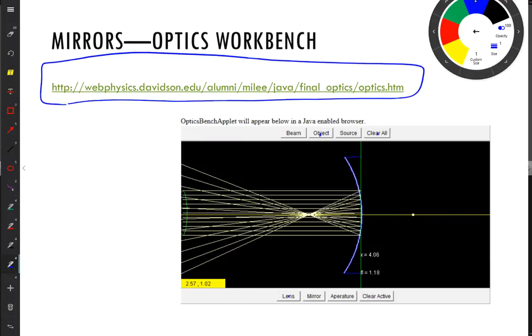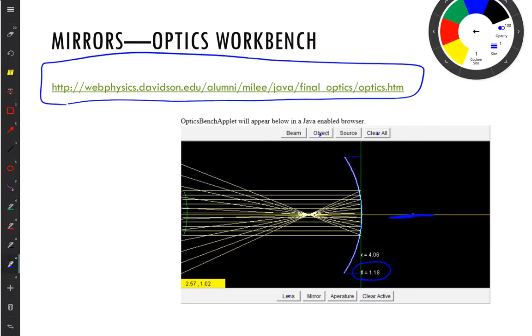And then you can drag the lens wherever you want it. You can drag the focal point here to change the focal length. If you bring it across the lens, it'll change it to a negative focal length. It tells you what the focal length is right there. And you can adjust the position of the object, see where the image is. It'll give you your answers. And it does it visually, showing you the ray construction.